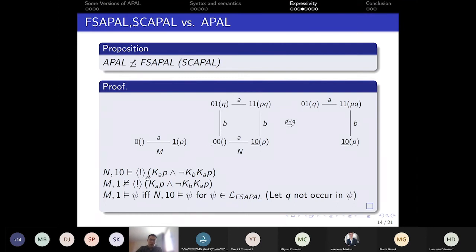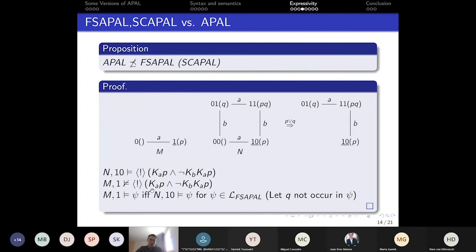We can show there is an APAL formula, which is: there is an announcement after which KAP and not KBKAP. This APAL formula is true on the pointed state N10. This is because after announcement P or Q, the update model looks like this, and this formula KAP and not KBKAP is true on it, so that this APAL formula is true on N10.